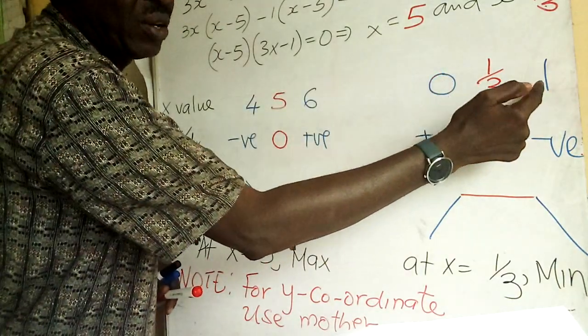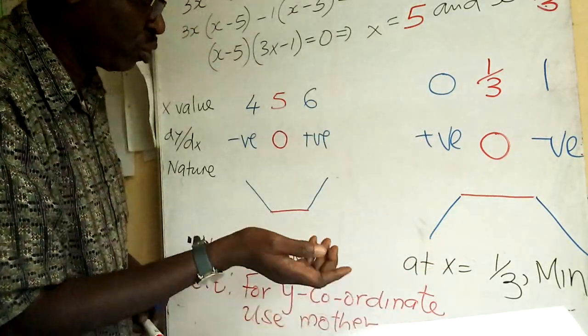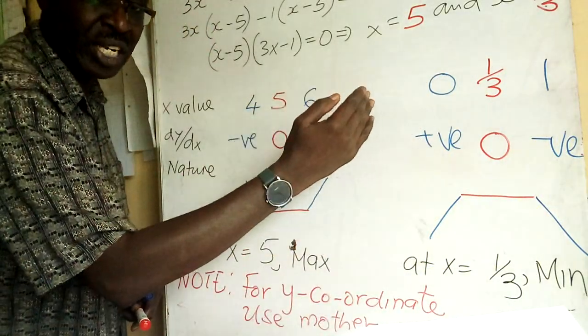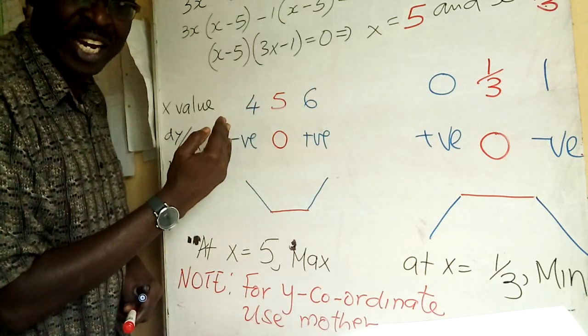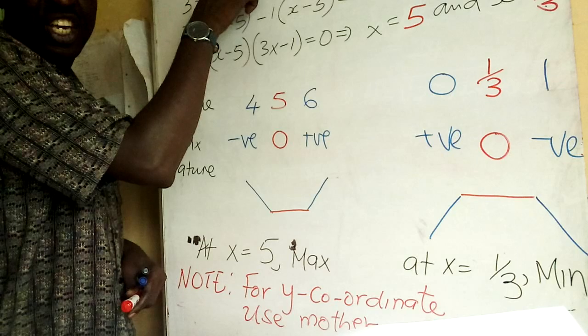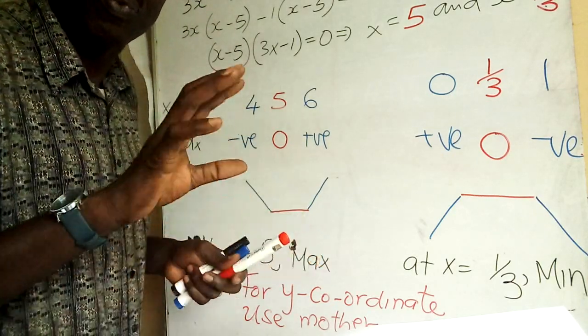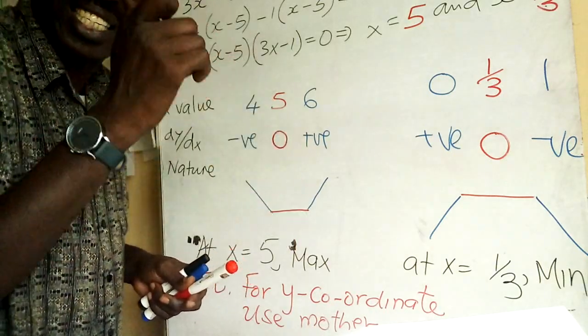Like now here I've taken 1, easy substitution. I've taken on the lower side 0, very easy substitution. Here I've taken 6 on the upper side, 4 on the lower side. These ones, when you put in dy/dx here, you should know whether it is positive or negative. You don't need to compute and get the exact answer.